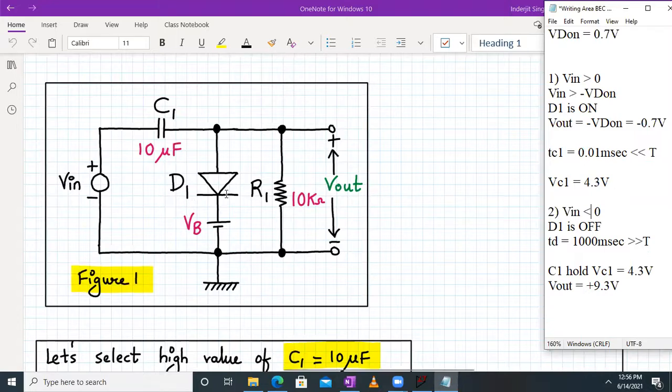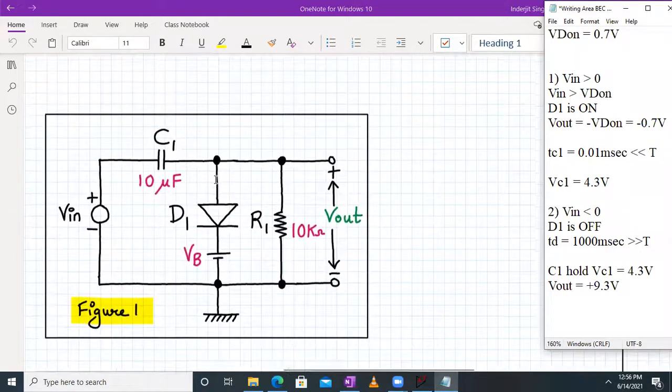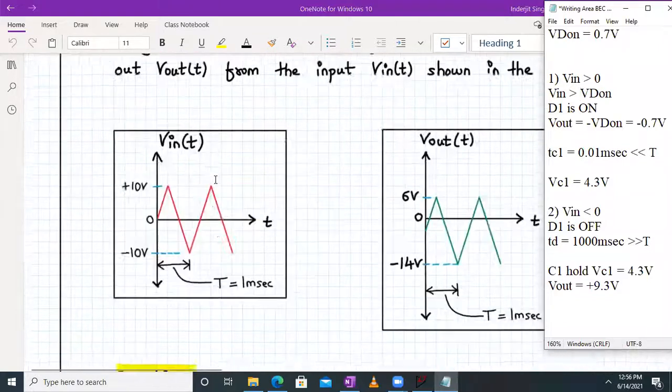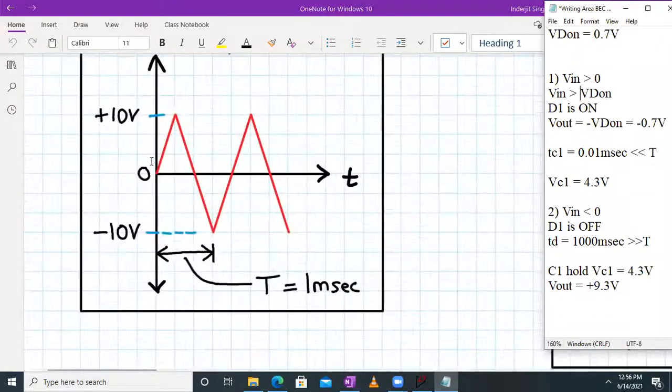Definitely, VB is opposing the diode from turning on. So that much extra voltage has to be applied in the positive half cycle. Since it is a triangular waveform, V in builds up its value. It's 0, then it becomes 1, 2, 3, and then it reaches 10. So that will require some voltage to turn on.